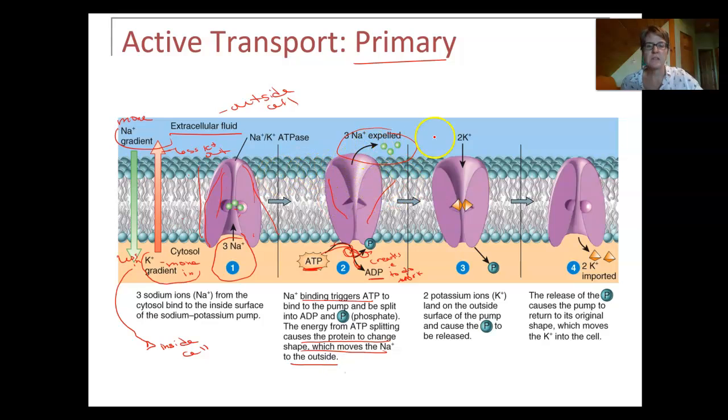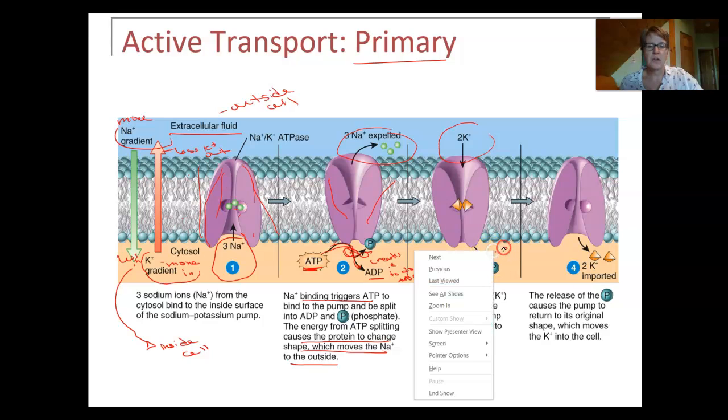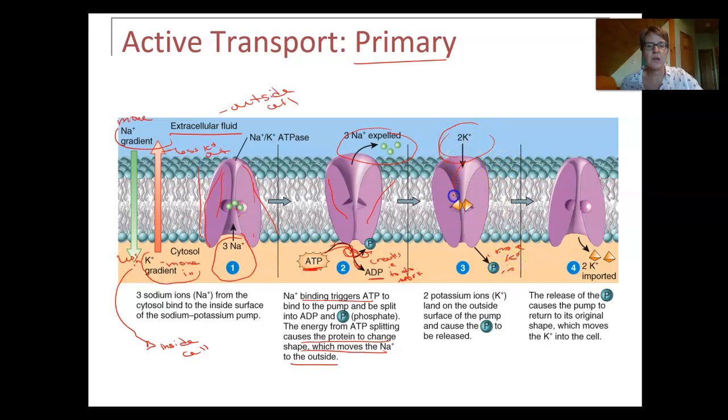So then when it's open to the outside, 2 potassium, now remember, there's more potassium inside the cell, right? So there's more potassium in. And what am I doing? I'm grabbing another 2, and I am now bringing them into the cell.